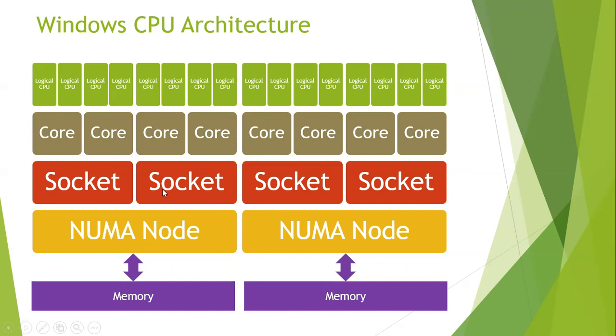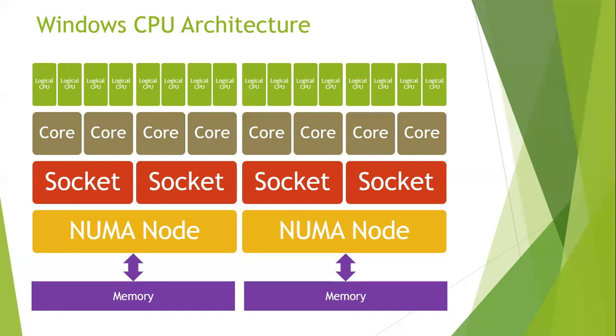A socket is related to the motherboard. On the motherboard we have some kind of chip, but we are not going into that socket. Each socket can have one or more CPU cores.